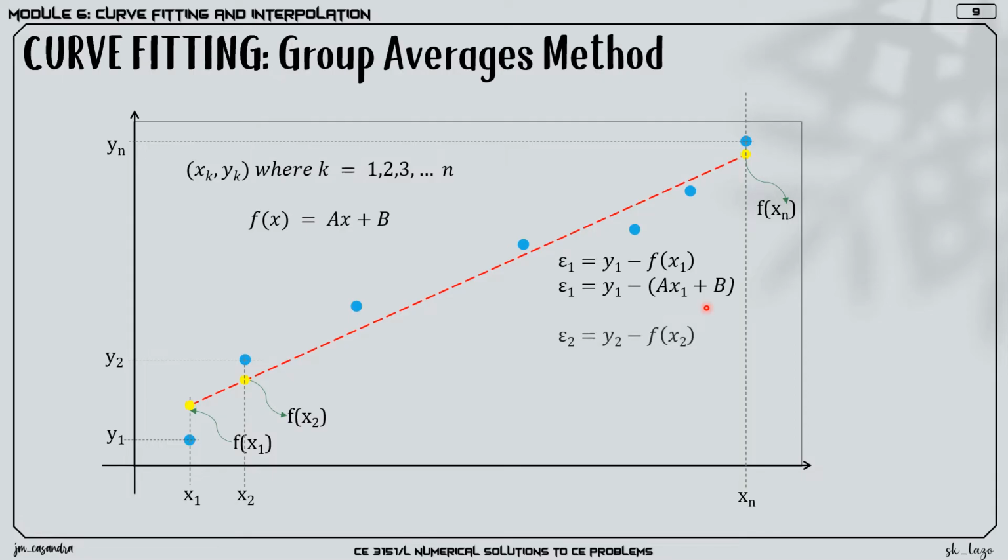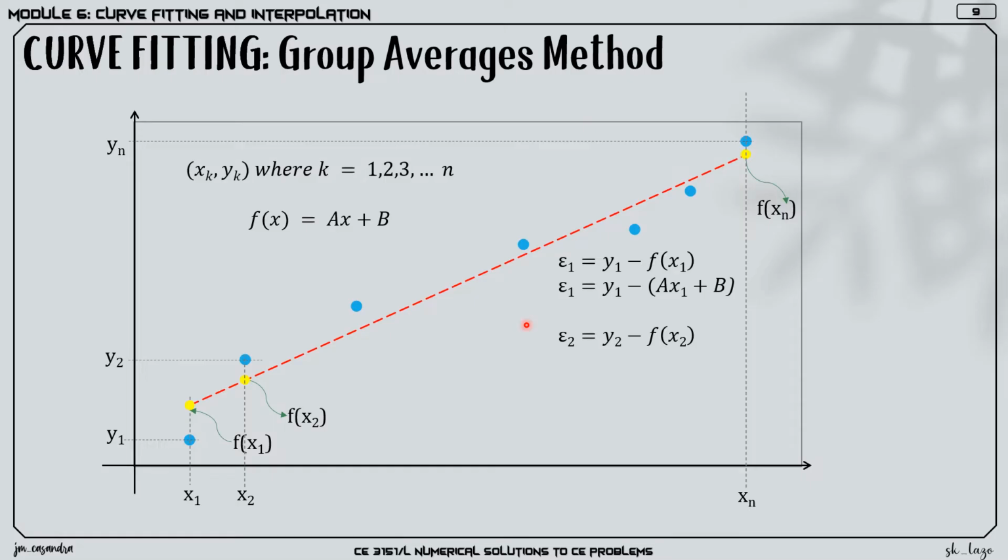Same for x2, the difference between y2 and the function of x2 is denoted by epsilon sub 2, or the error.